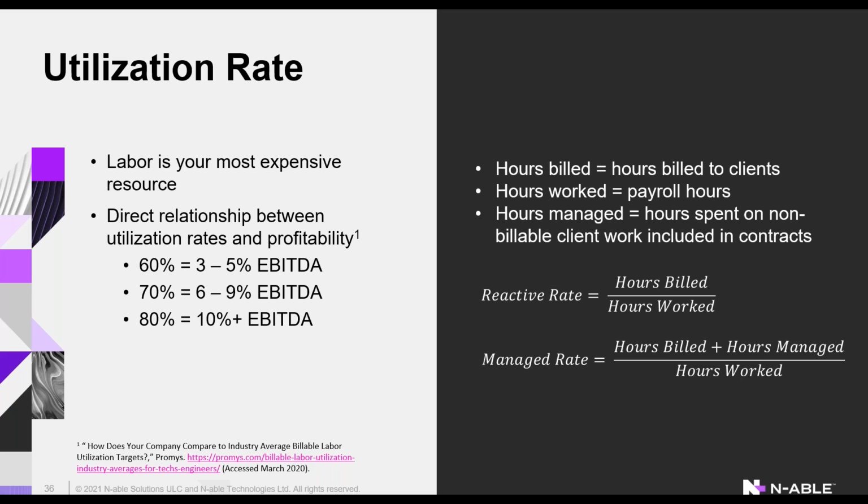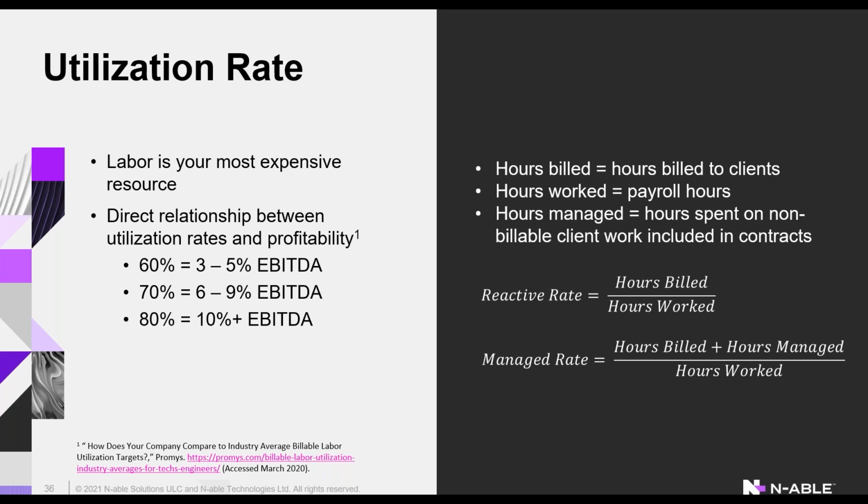So what we think of with utilization is either reactive, which is hours billed over hours worked. We get our reactive utilization rate, or our managed utilization rate: hours billed plus hours managed over hours worked.